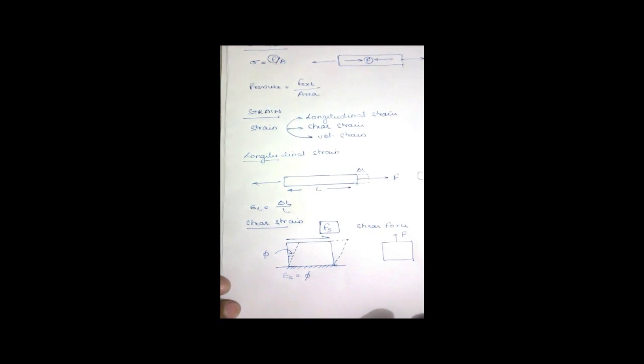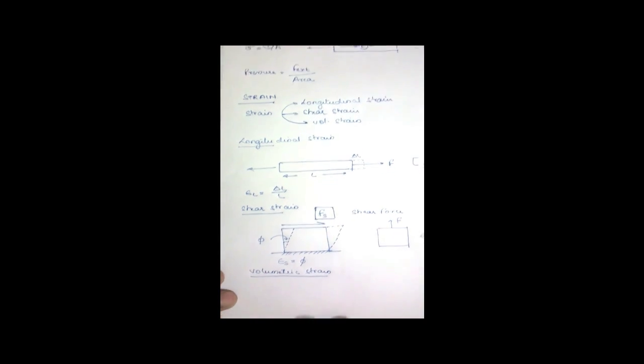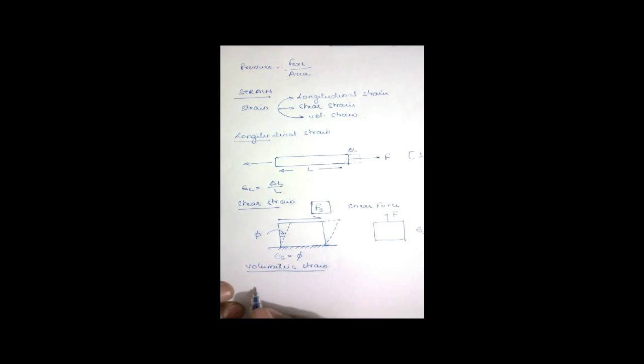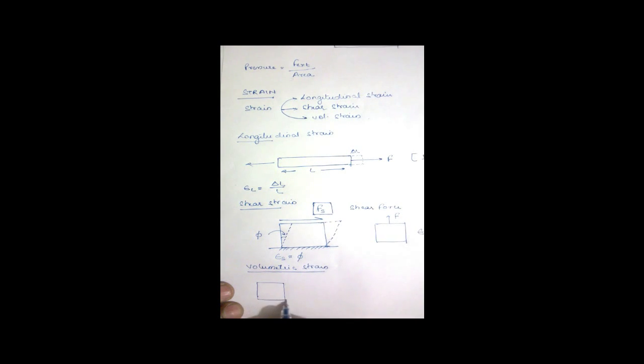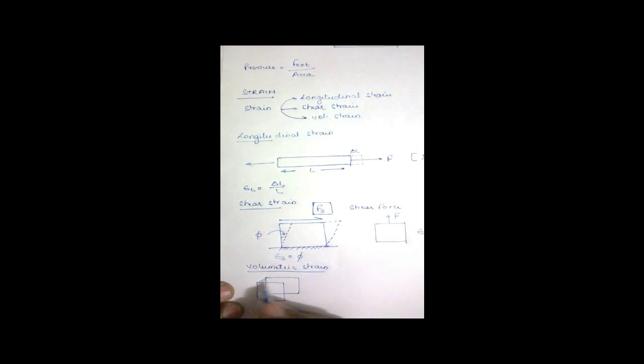The final one, the volumetric strain. The volumetric strain can be understood by taking the example of a cubical box. Suppose there is a cubical box which is quite large in its dimension, as I'm drawing it, and is subjected to equal and alike stresses from all the three directions.